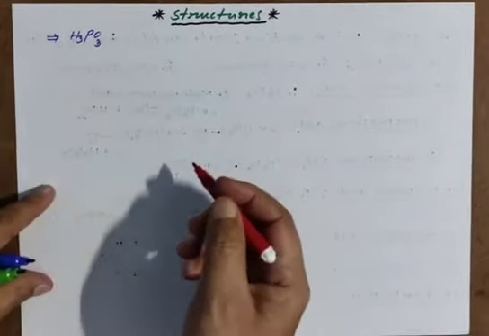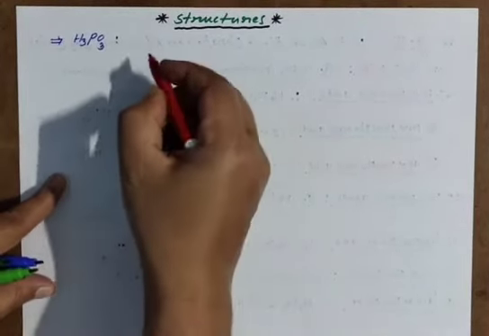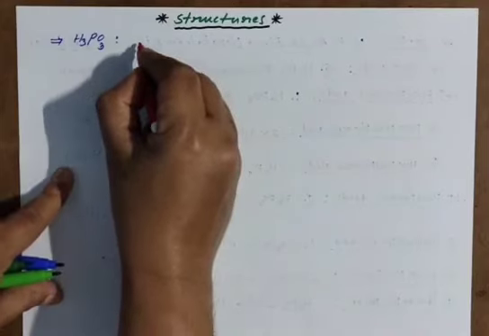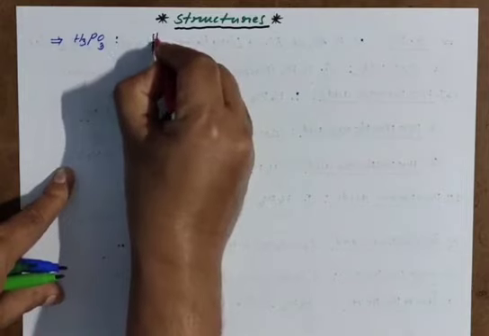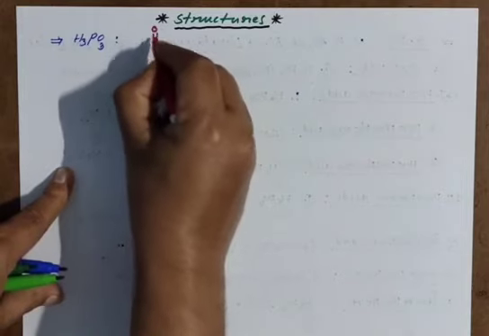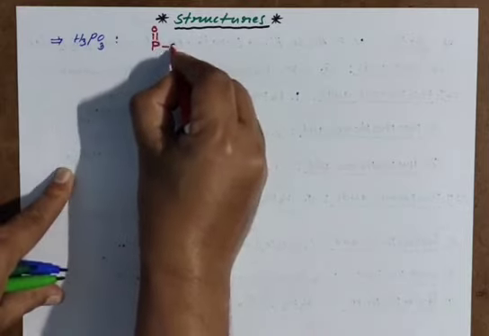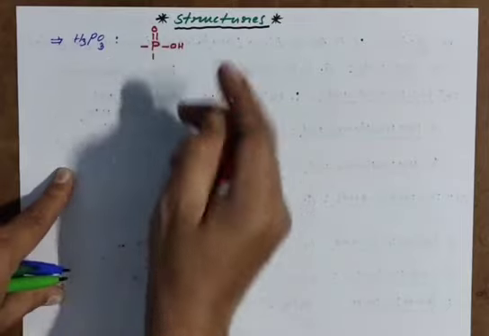Remember, every acid has a basic unit: one phosphorus central atom, always one double-bonded O and one OH. This is the basic unit in every acid.